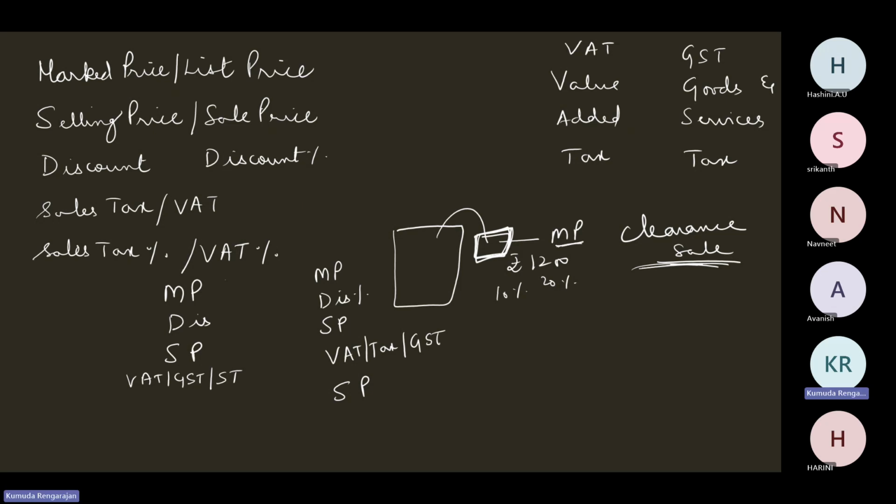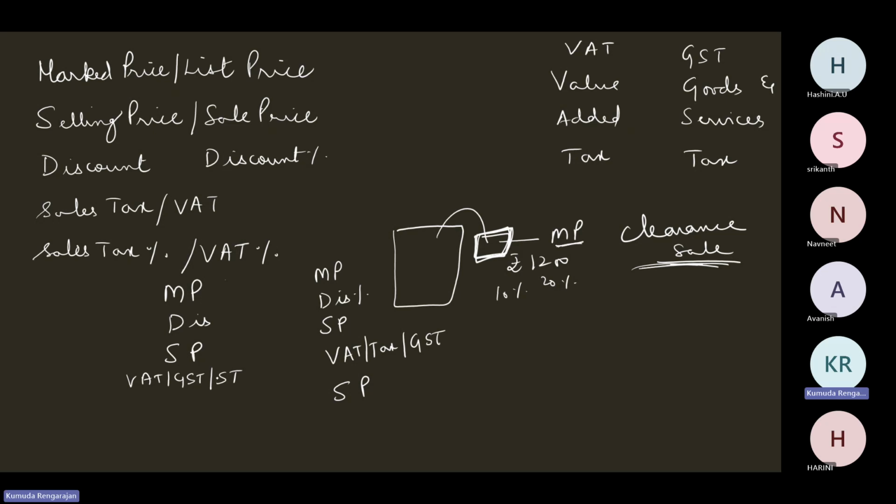When you calculate the discount percentage on the mark price, how will you find the selling price? Selling price is mark price minus the discount value. When the shop is giving you a discount, that means he's doing a favor for you. He's reducing the price of the article. So selling price is mark price minus the discount.